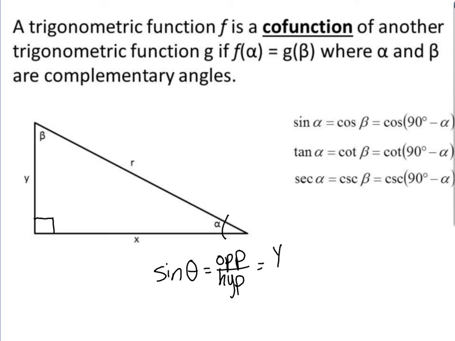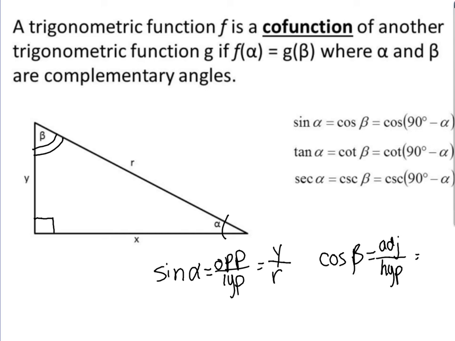So our opposite side for alpha is y, our hypotenuse is r. This is going to equal the cosine of our beta, and cosine is adjacent over hypotenuse. If I'm looking at my beta, the adjacent side will be my y, my hypotenuse will be r. So we notice that the sine of alpha will always equal the cosine of beta.